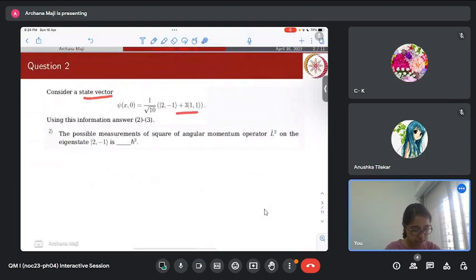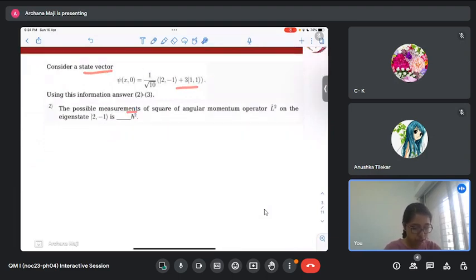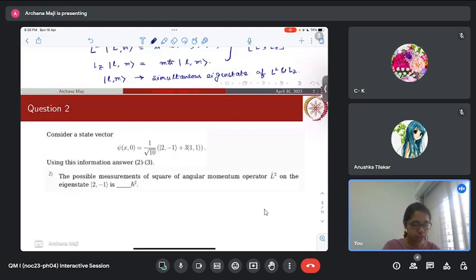Consider this state vector. The possible measurements of the square of the angular momentum operator on the eigenstate |2,-1> is what? Just now I told you the eigenvalue of L square on the |l,m> state. Can you tell me what the eigenvalue is if L square acts on the |2,-1> state? So the formula is this.